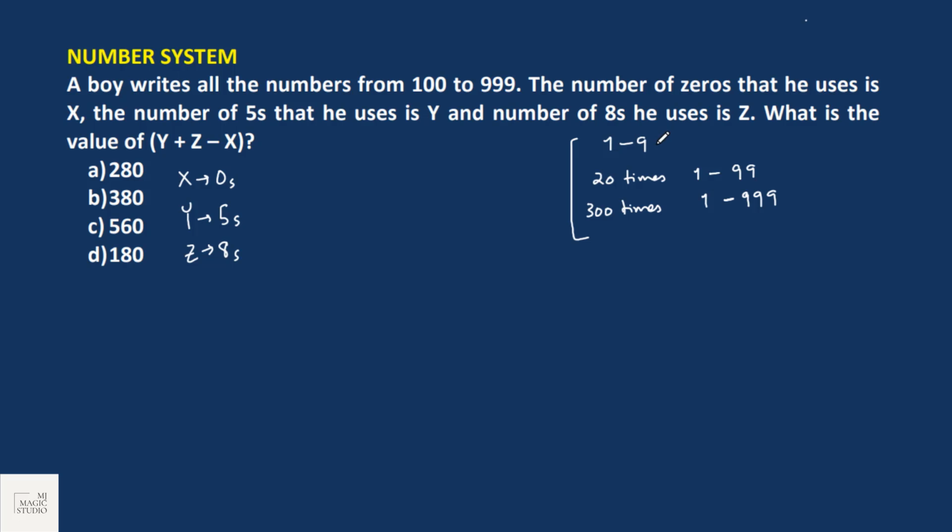So, digit 5 will occur from 100 to 999 how many times? 300 minus 20, that is 280 times. So, the value of y is 280. First thing done. Similarly, digit 8 will also occur how many times? 300 minus 20, that is 280 times.